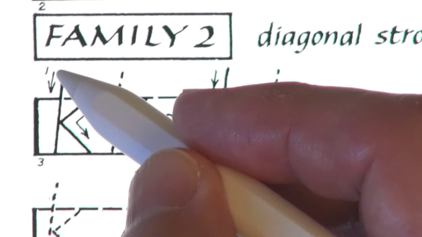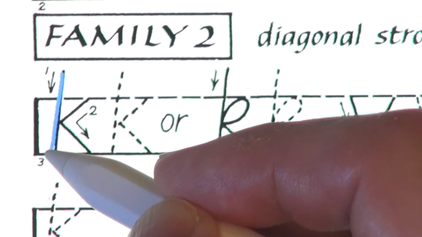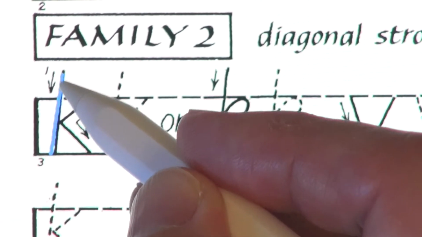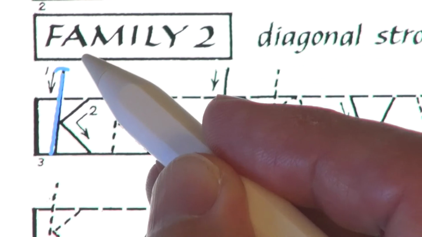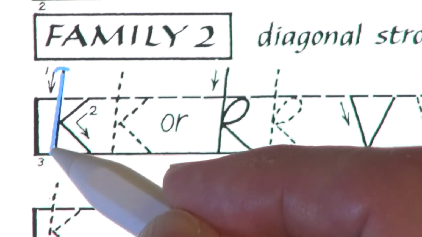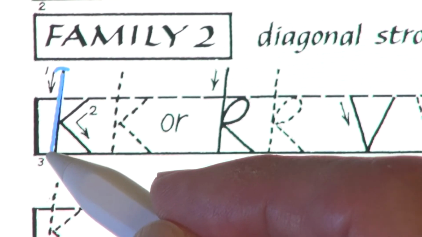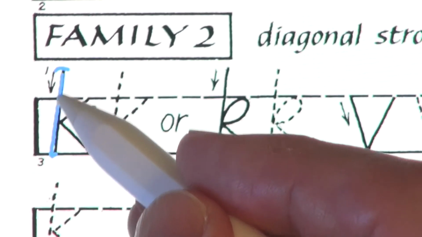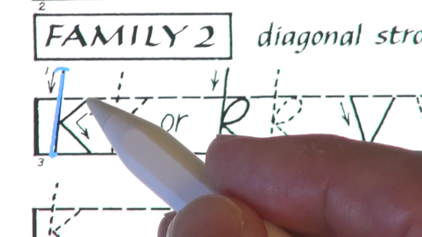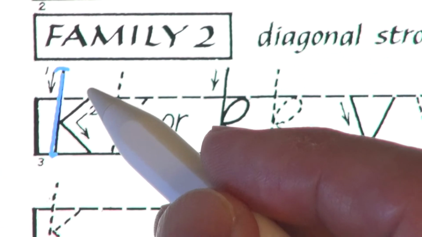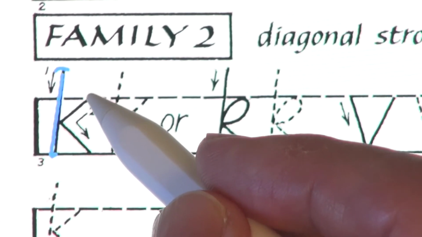So we begin with a downstroke. We're going to trace that downstroke from the ascender line, which is half as high as the body height of the letter, all the way down to the baseline. Notice that's exactly the same stroke as the lowercase l that we practiced in another video.